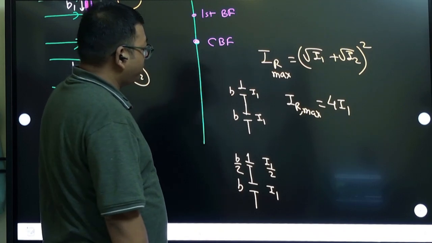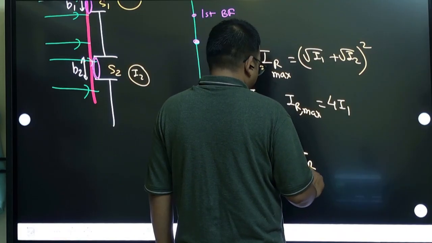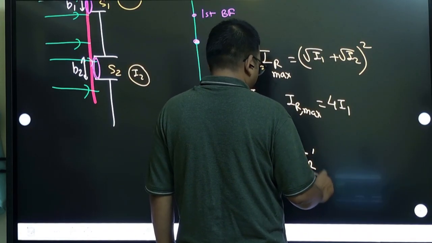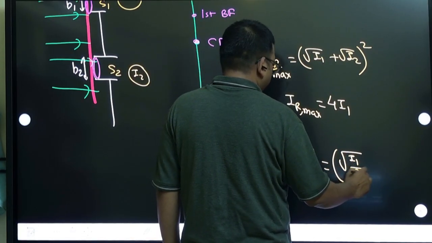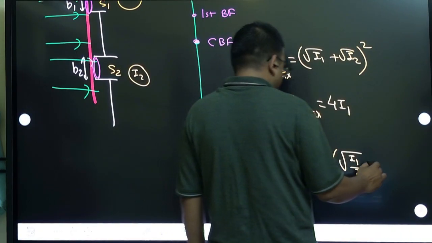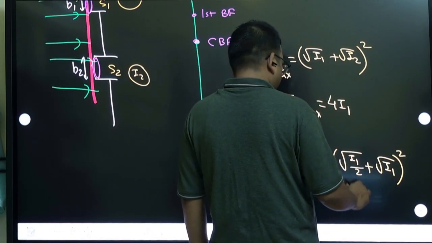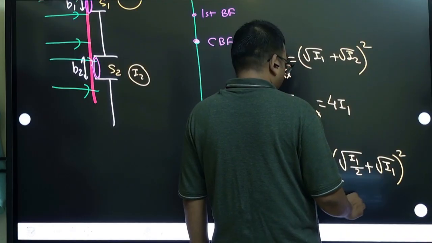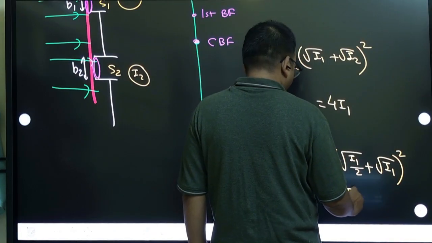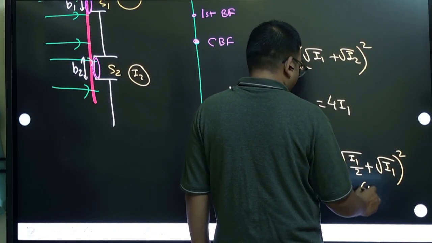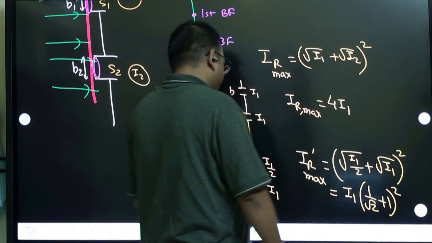So now if I try to calculate the resultant, it will be root of I1 by 2 plus root of I1, whole square. So how much will it be? You take root I1 common, so that becomes I1 only, times (1 by root 2 plus 1) whole square, right?